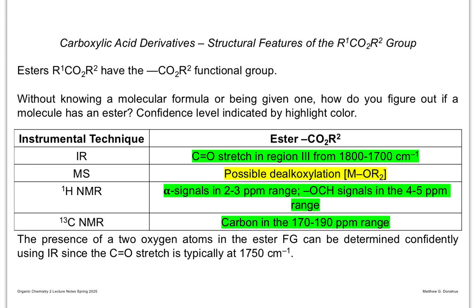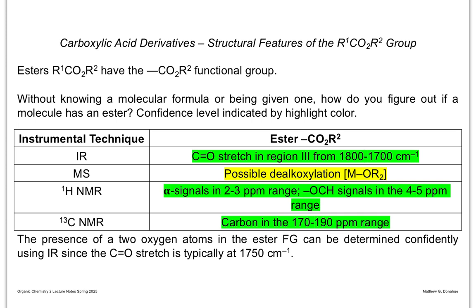So how do we know we have an ester in a molecule? Again, ester was the weird one because they do resemble ketones quite a bit in the IR. And so you have to have other supporting data to differentiate the two.